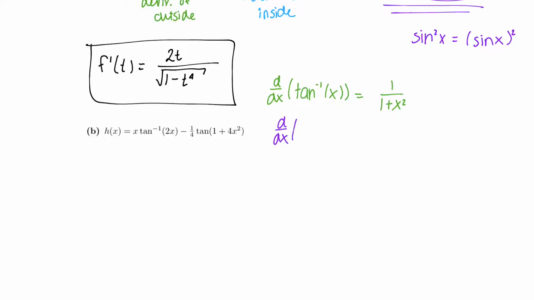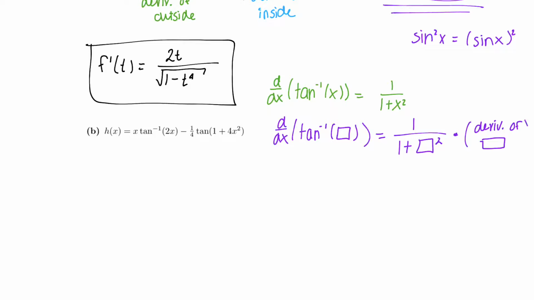So if we have something else on the inside there, the derivative will be 1 over 1 plus whatever that stuff is squared, times the derivative of the stuff.